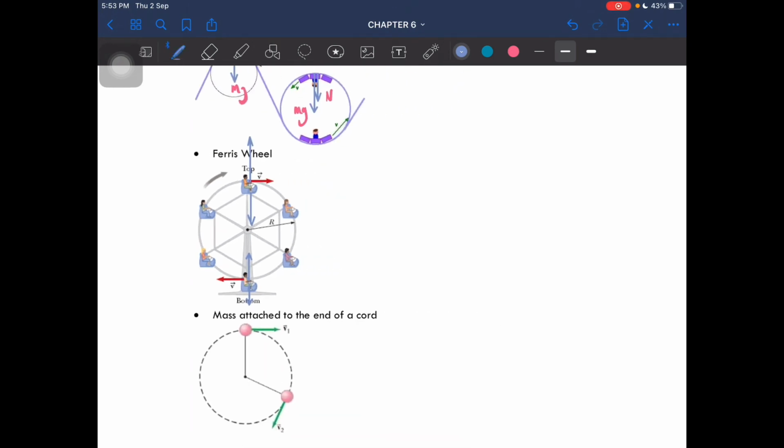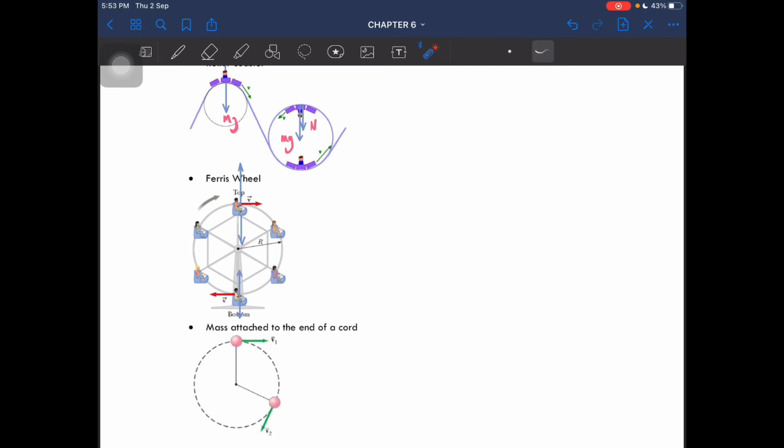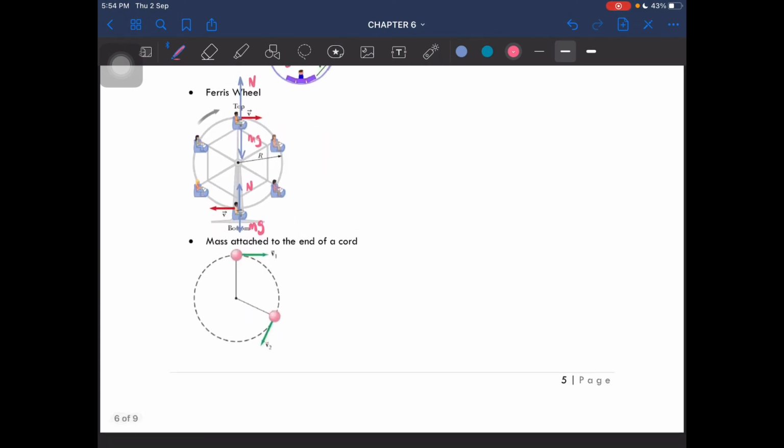The only difference between the Ferris wheel and the roller coaster is that the person at the top is not upside down when they reach the top. What else? Let me just rewrite: this is normal force, mg, normal force, mg.